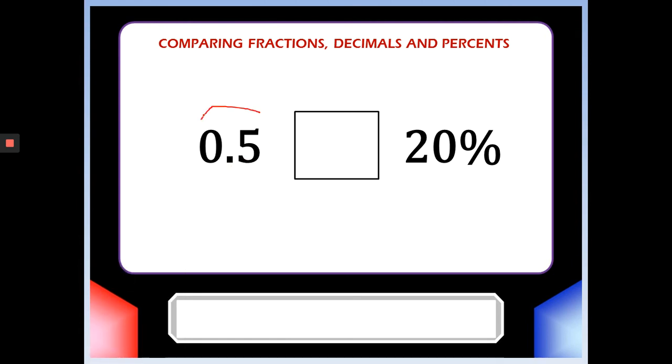So in this case, let's try to convert 0.5 to percentage. So this is a decimal, and decimal to percentage is divide, right? Oh no, multiply. Because decimal is smaller and we're converting to a greater number, so we will multiply by 100. That means we'll move the decimal point to the right 2 times. 1, 2.